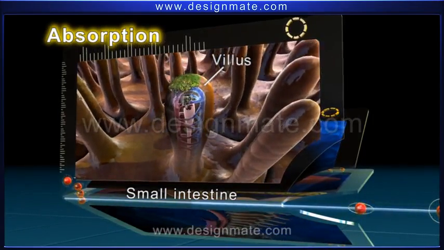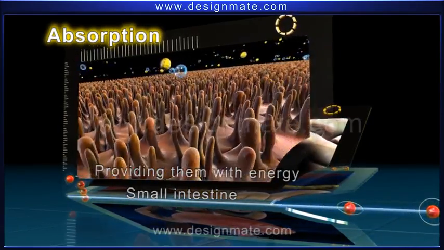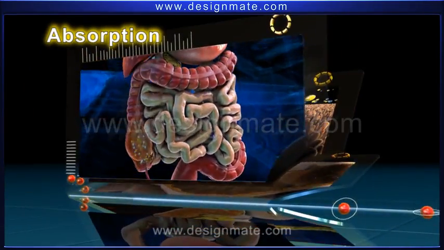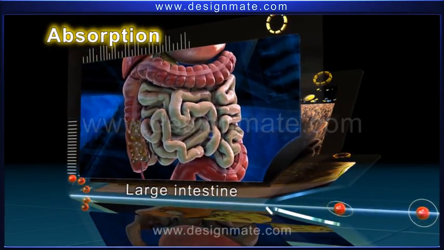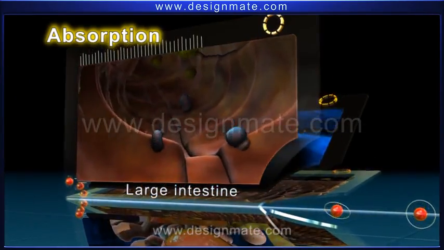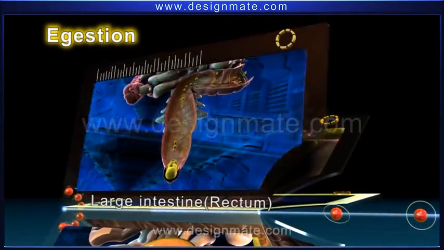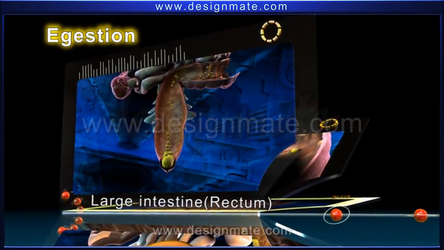This food is transported to the various parts of the body, providing them with energy. The undigested food and water molecules move into the large intestine, where the water molecules are absorbed by the intestinal walls, and the undigested food is collected in the rectum and finally egested.